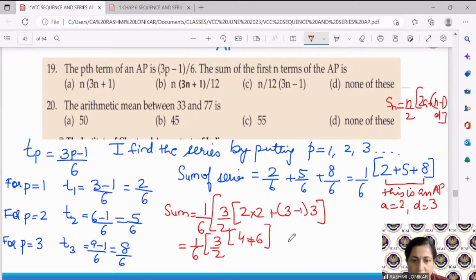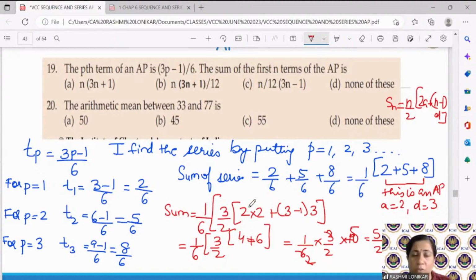Okay, so this is equal to 1 by 6 into 3 by 2 into 4 plus 6 is 10. So I get 5 by 2.